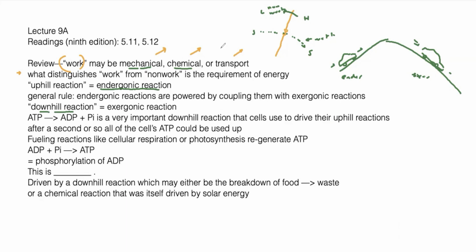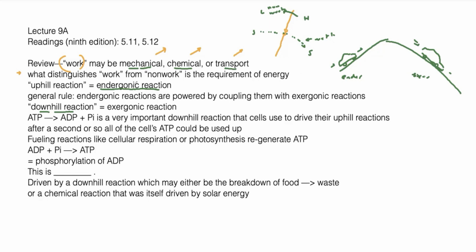Your cell is carrying out these forms of work, and in order to make them happen, we need to harness the energy of downhill reactions to drive forward the reactions that are required to keep our cells alive.